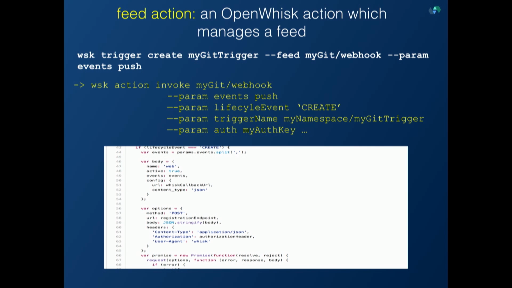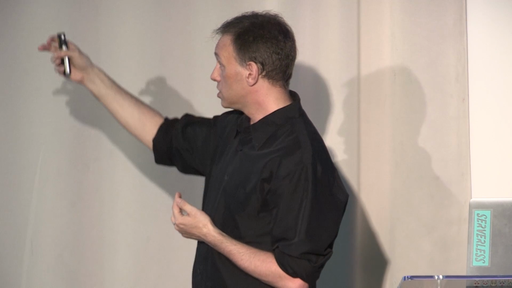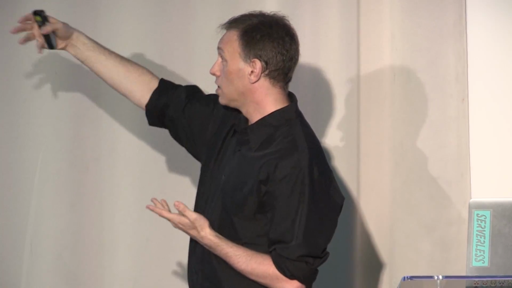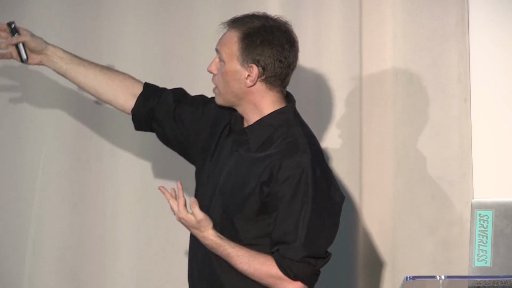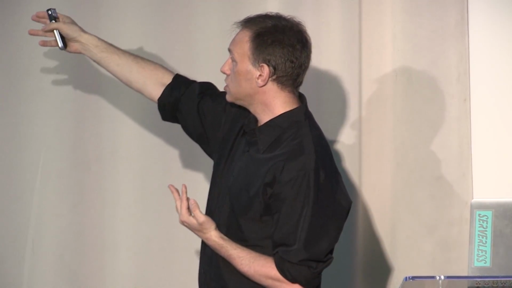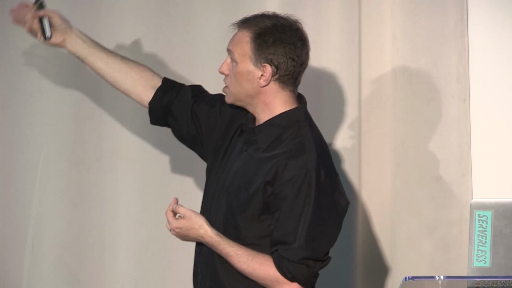Logically, it's this REST API to create a feed, hook it up to OpenWhisk, and set up triggers. The Whisk system will invoke this action and pass it the appropriate parameters, such as the lifecycle event, in this case create; for delete and others, there'll be other lifecycle events. It also gets parameters like the trigger name, where these events should be redirected to, any authorization, and so forth. And that's it.